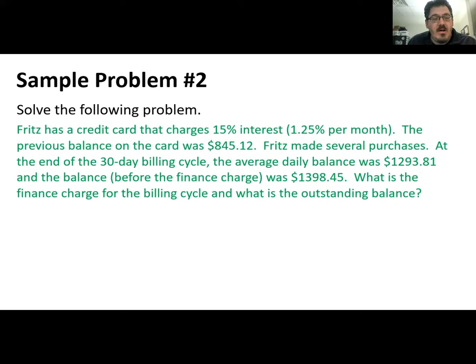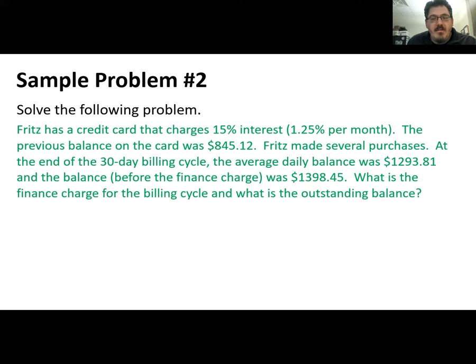At the end of the 30-day billing cycle, the average daily balance was $1,293.81. And the balance before any finance charges were added in was $1,398.45. What is the finance charge for the billing cycle and what is the outstanding balance?